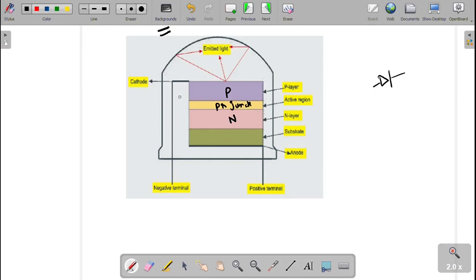In P type the cathode is connected, that is the negative terminal, and the N type is kept over the substrate. It is connected to the anode, which is the positive terminal. Over this some epoxy material, plastic material, will be there to emit the light outside. So from this the light will come outside. This is the construction part, P and N.